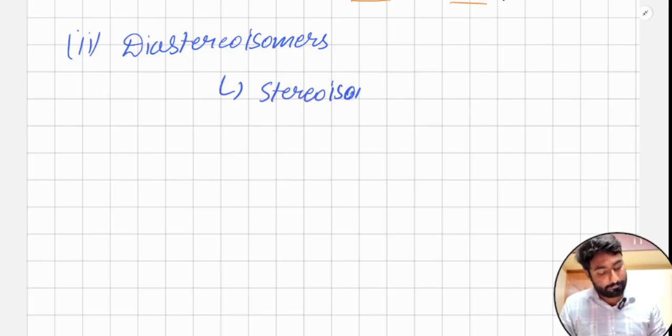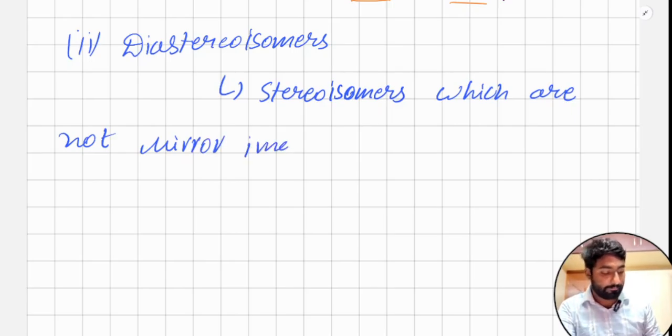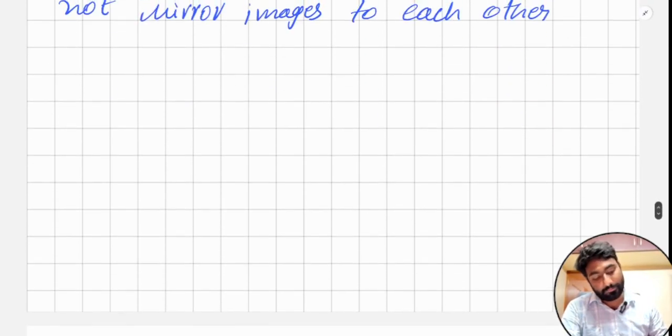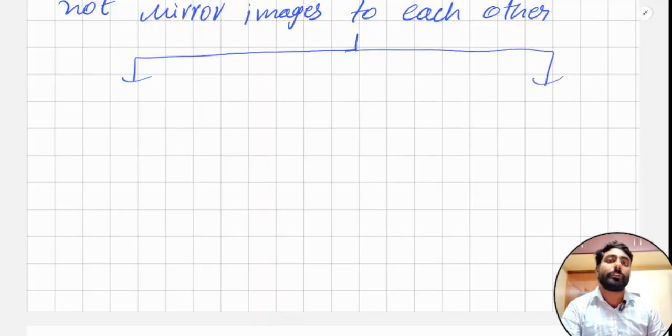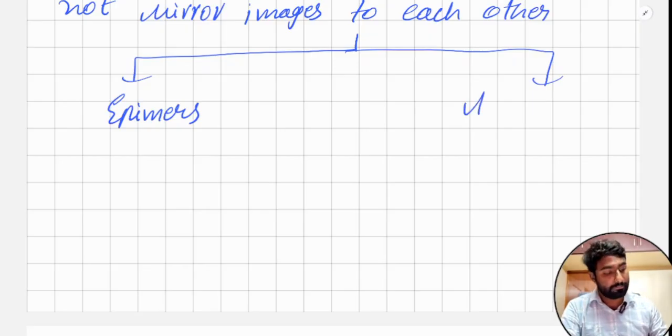Stereoisomers which are not mirror images of each other are called diastereomers. In diastereomers, as we have seen earlier, there are two types. One is epimers, and another is anomers.